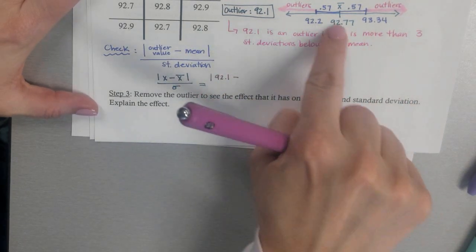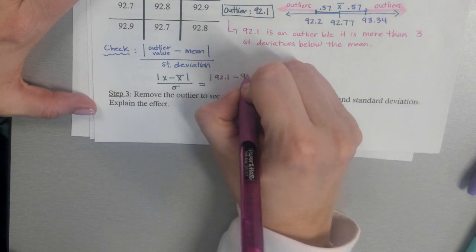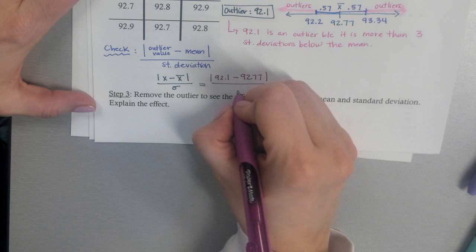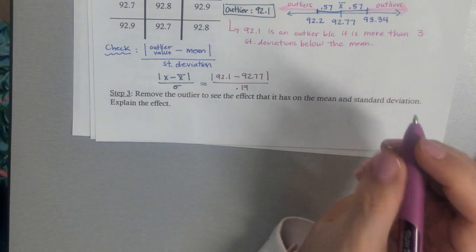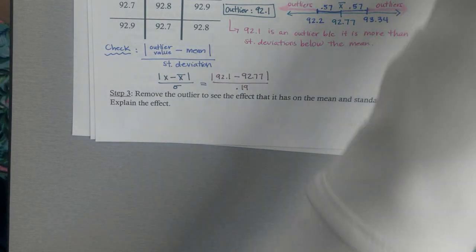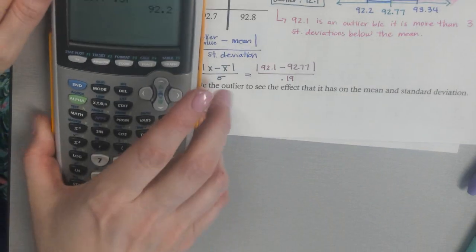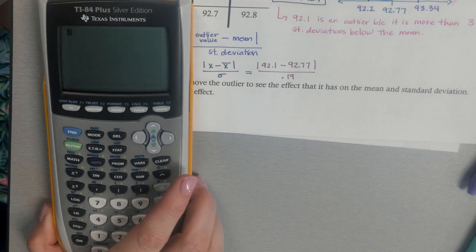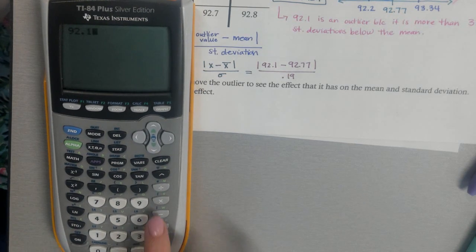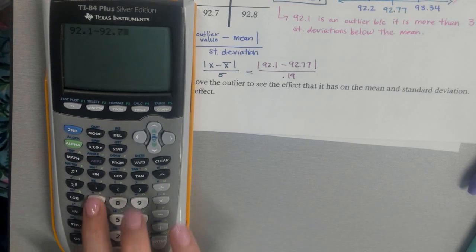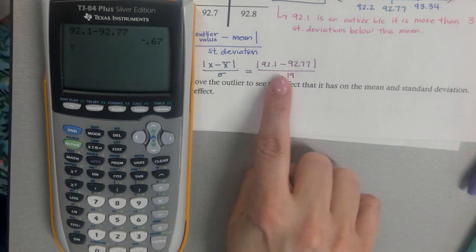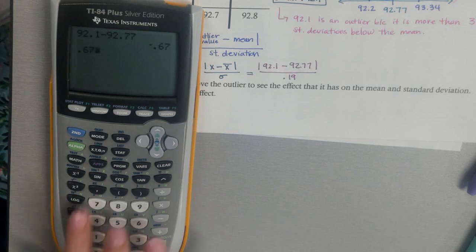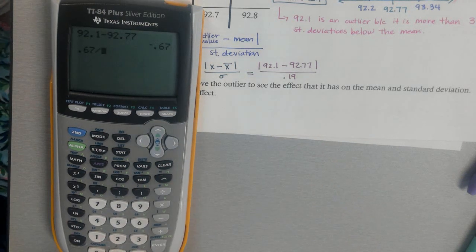Our mean is 92.77. Our standard deviation was 0.19. Okay, so we're going to do the 92.1 minus 92.77. Because it's the absolute value, I'm just going to take the positive value, the 0.67, and then divide it by 0.19.